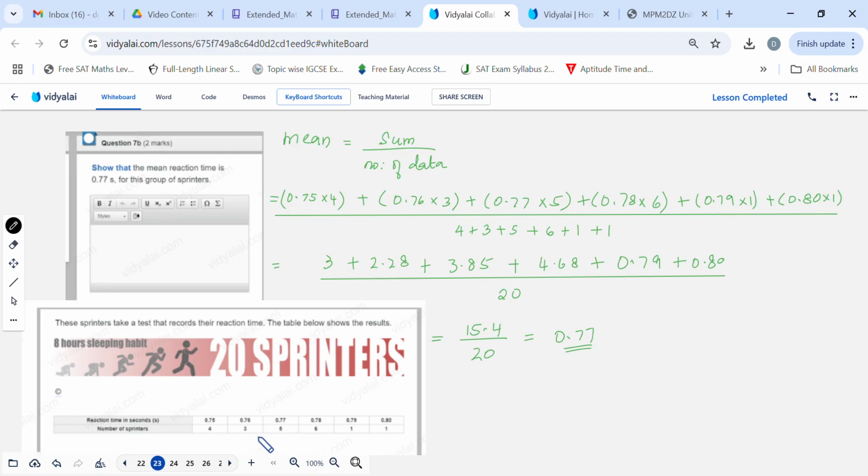So 4 plus 3 plus 5 plus 6 plus 1 plus 1 is 20. We multiply these values and then add them. We'll get 15.4 by 20, which is 0.77 seconds. So the mean value is 0.77 seconds.